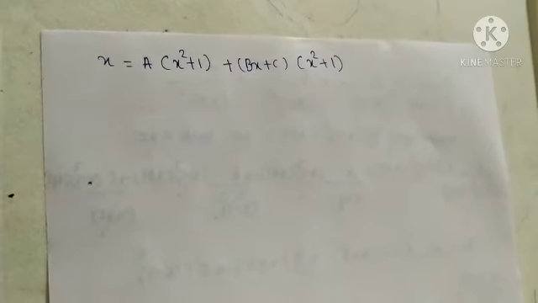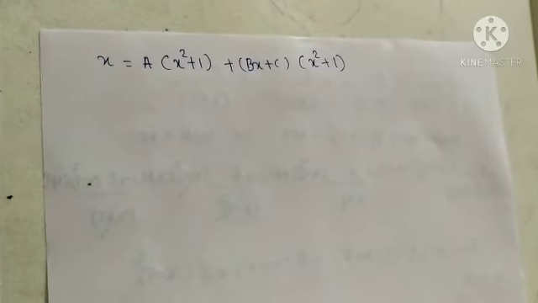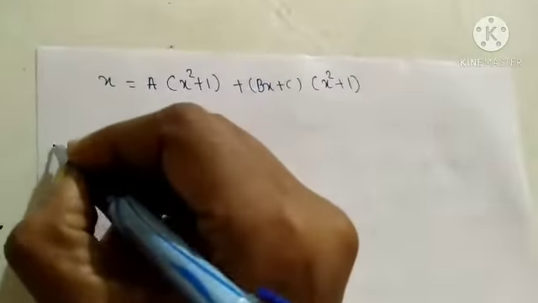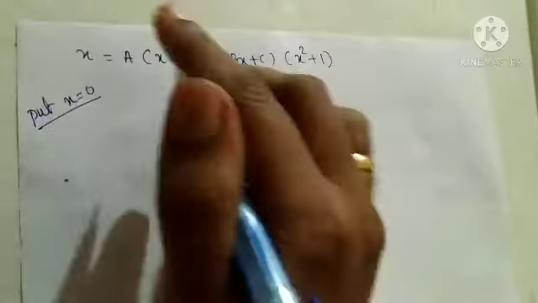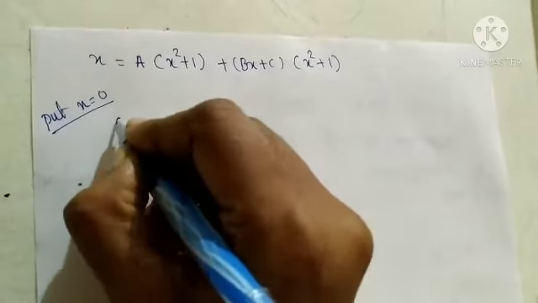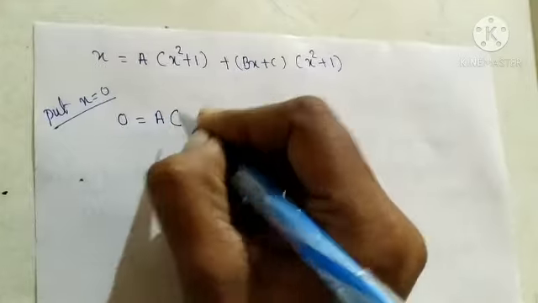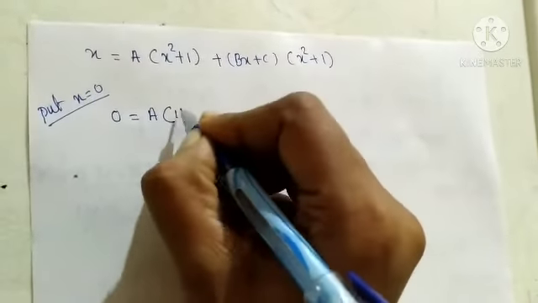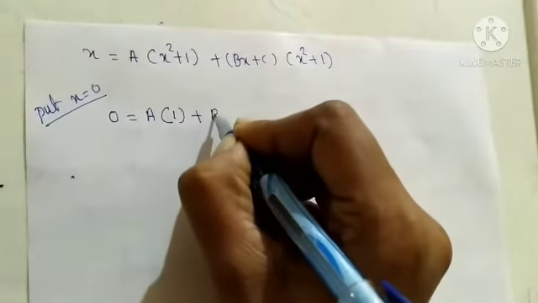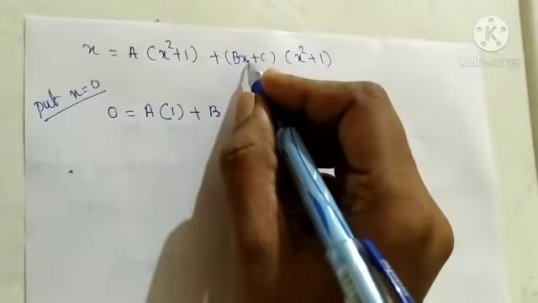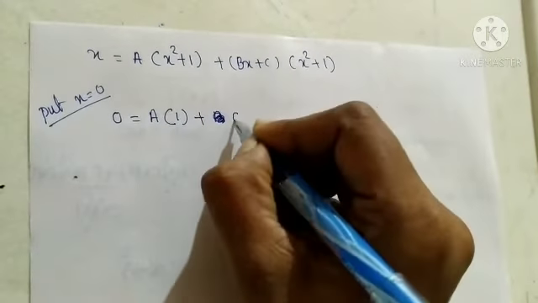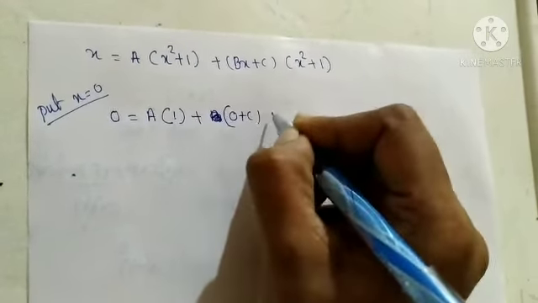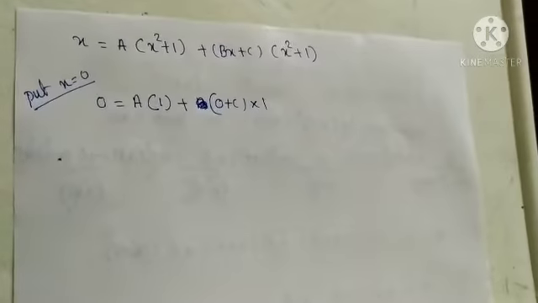Next put some values to x. That is, I am going to put x equal to 0 first. Here we get 0 equal to a into 0 square plus 1, that is 1 here, plus b into 0 becomes 0, plus c into, here also we get 1.